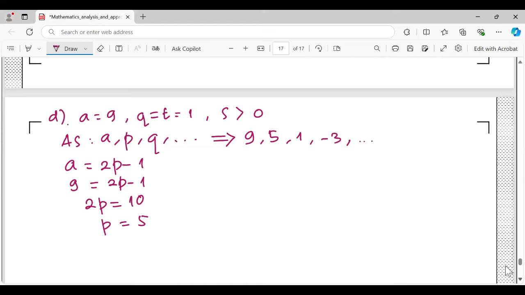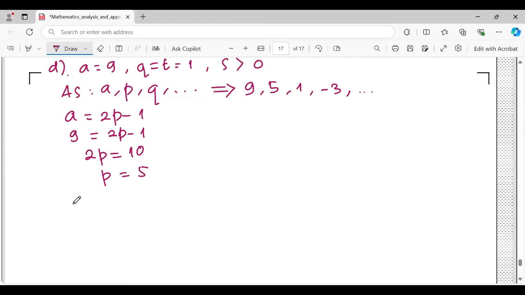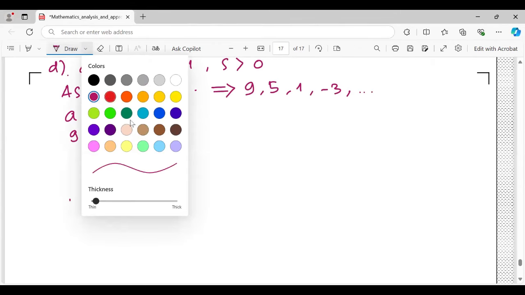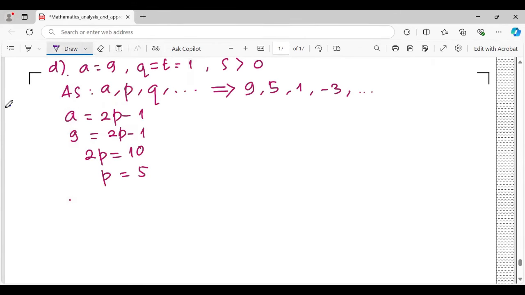Next, how about the geometric sequence? For the geometric sequence, the terms are A, S, T, and so on.